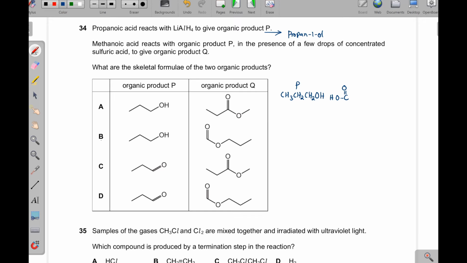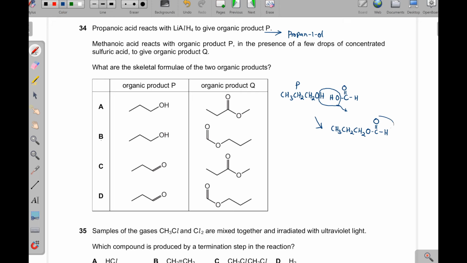The carboxylic acid is going to lose the OH, and the alcohol will lose the hydrogen, and then water gets off. So it's a condensation reaction. You'll have CH3CH2CH2, then O, then C, and then this oxygen here.